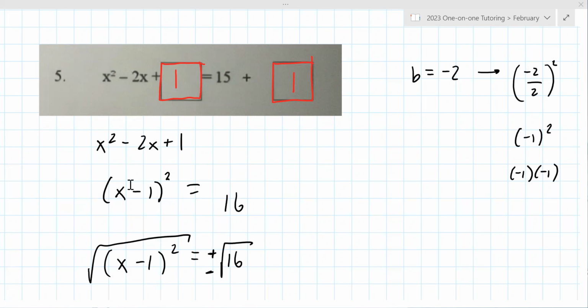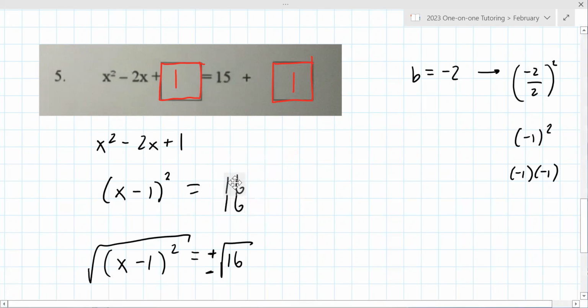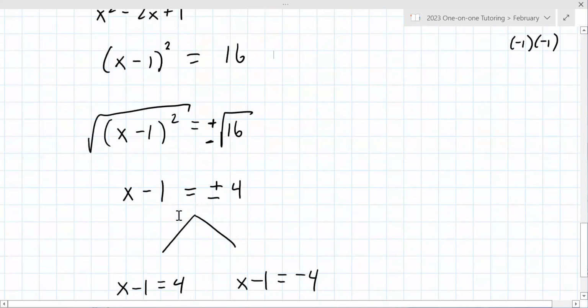And then you find two numbers that multiply to 1 and add up to -2, which was just -1. And then you take the equation and you take the square root.